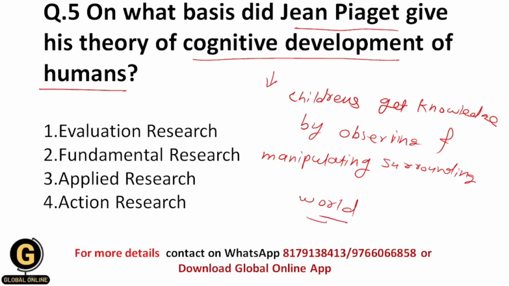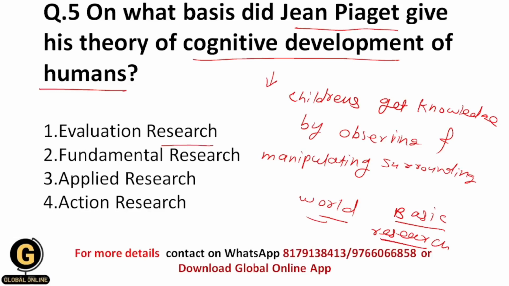That means based on the basic things happening around them, they get their knowledge. So it is a kind of basic research, that means fundamental research. Okay, so based on basic or fundamental research, Jean Piaget gave his theory of cognitive development of humans.